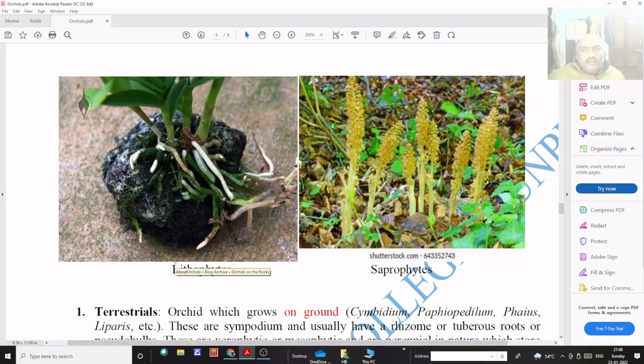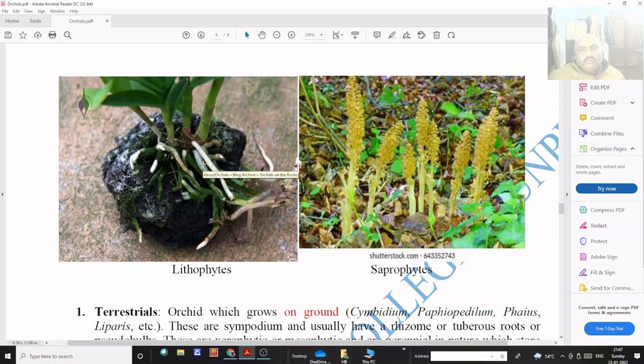Lithophytes generally grow and develop their ontogeny, their life cycle, on stone or in the rocks. In the crevices of the rocks, they extend their roots for support.